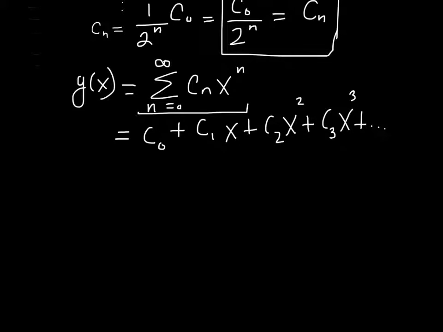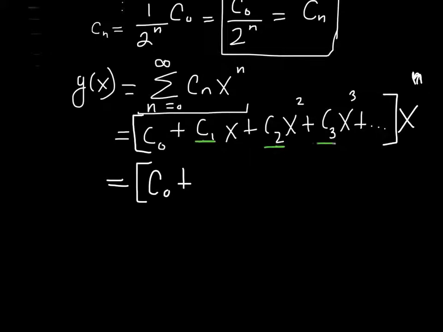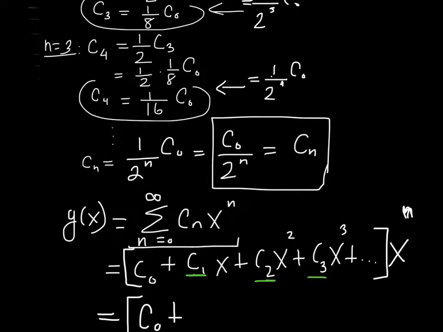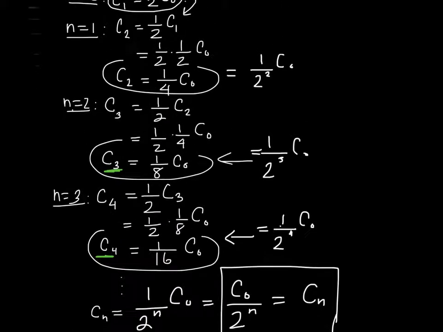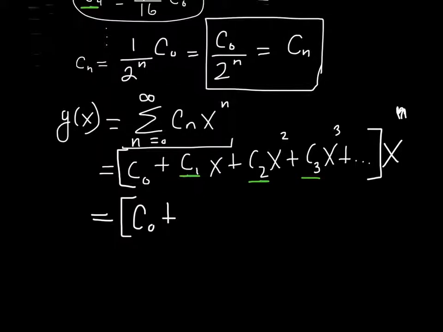And actually, I forgot to write one thing down, right? We still have our x to the n. So let's substitute our C0 plus, so we know what C1, C2, C3 are. We found all these guys up here. I'm going to input those values since that's what they are.